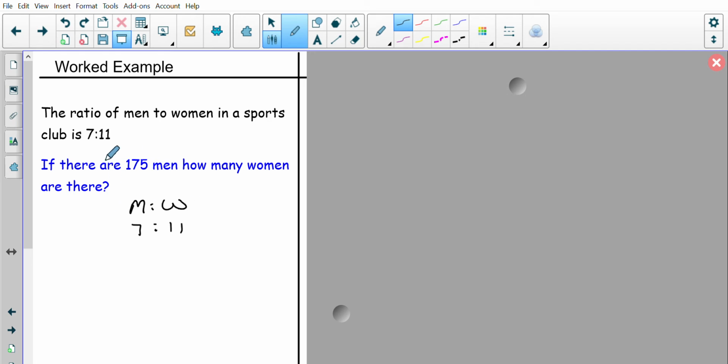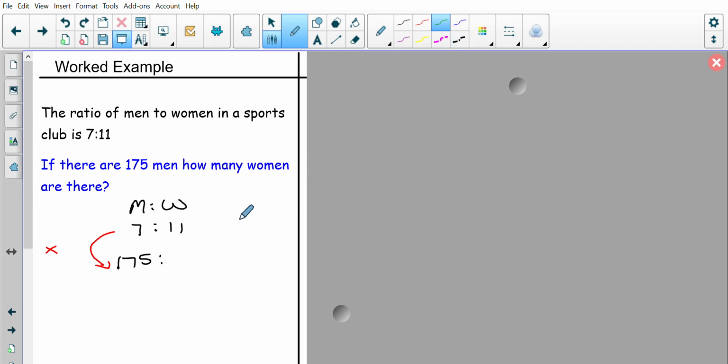Now I'm told there are 175 men, so we're going to start by writing 175 under the M, the men's part of the ratio. So I can see here that I must have to multiply 7 by something to get to 175, and I need to find out what I've got to multiply 7 by to get to 175.